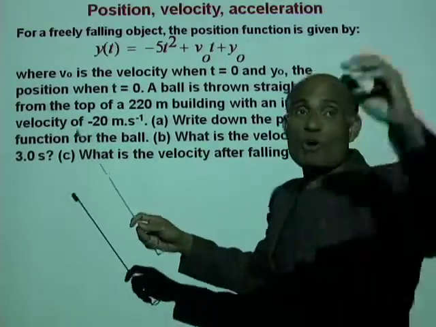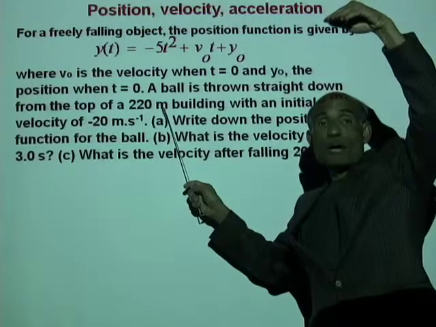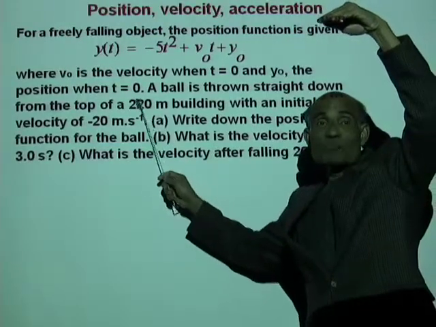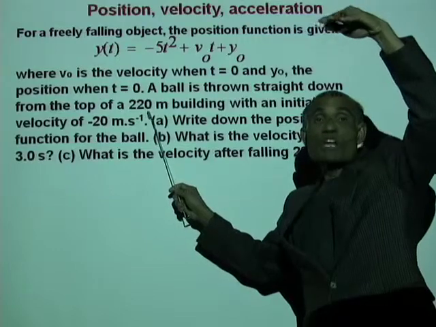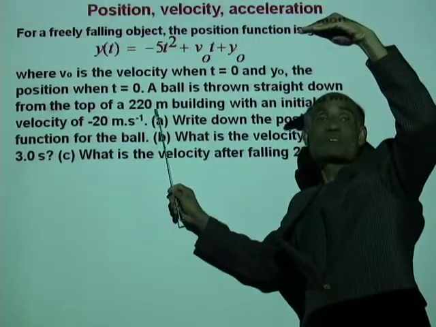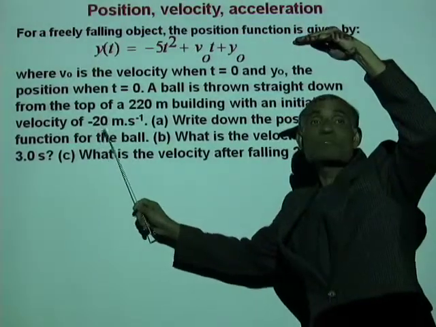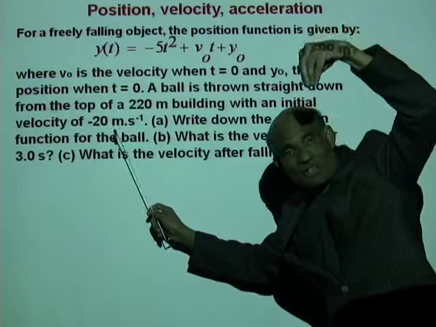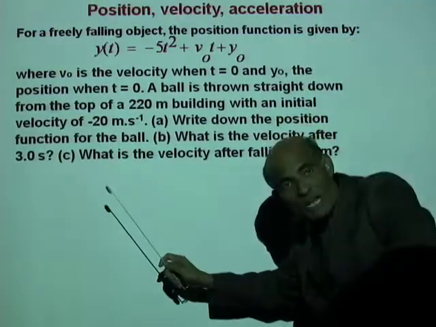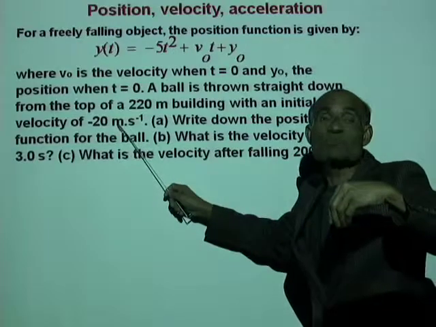So if you go to the top of a 220-meter building and throw a ball straight down, it means y0, the initial y value, is 220 meters. Initial velocity of negative 20 meters per second. You see, something that is thrown down has a negative value. That means v0 is negative 20 meters per second.